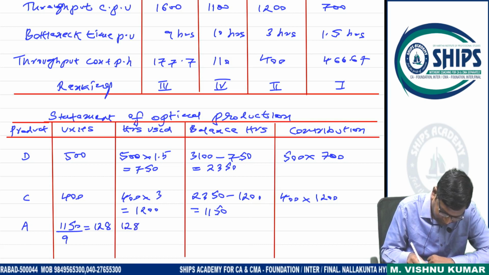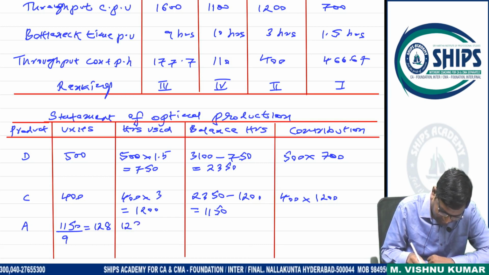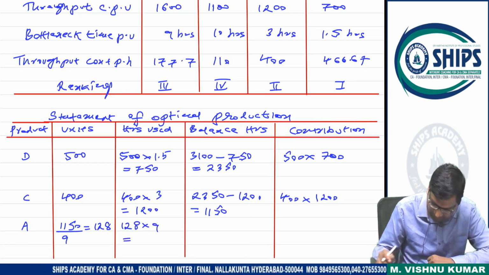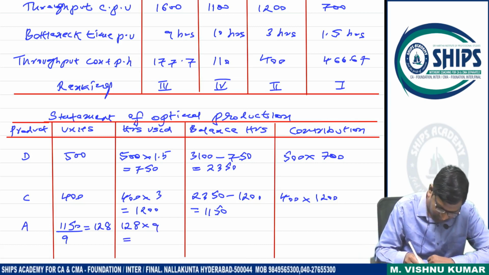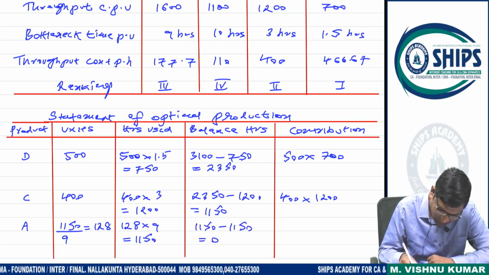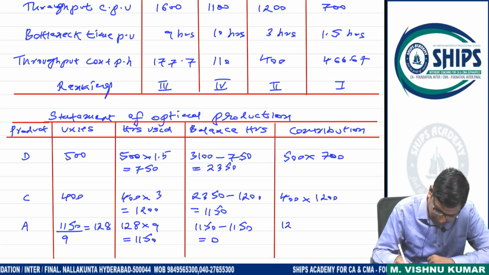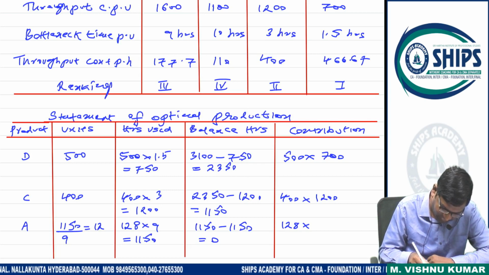Okay. So 128 into 9 is 1150. You can take 127 also, it is your choice.